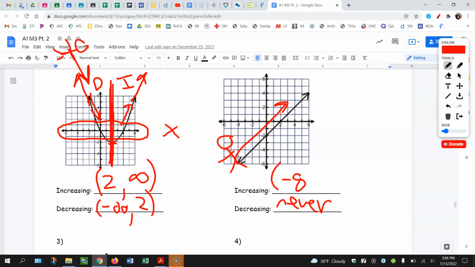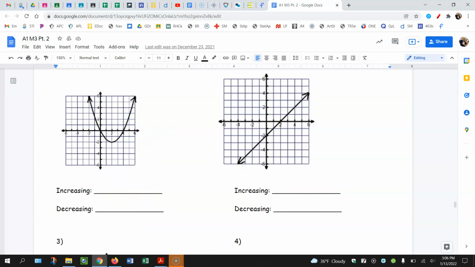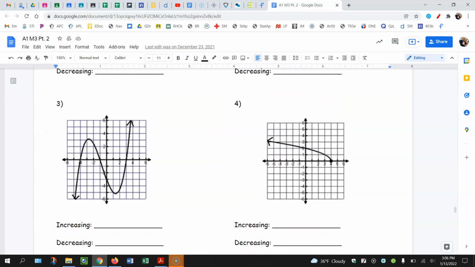This is going to be increasing from negative infinity to positive infinity, because it's increasing the entire time across that entire graph. If you have a sense of it, try the next two. I'll continue on here and make a video.